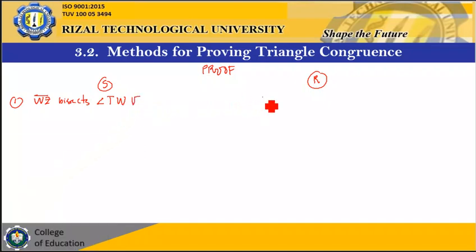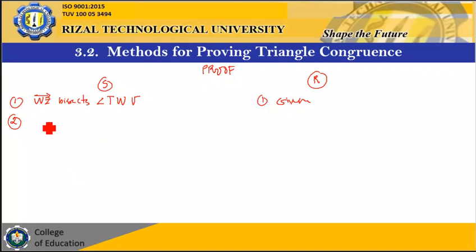Okay, and this one is given. As we have said a while ago, WZ is the bisector of angle TWV, and what angle bisectors can do is to divide the angle into two congruent angles.